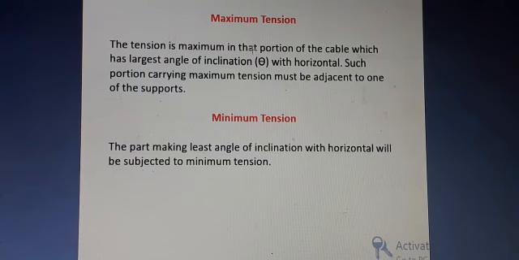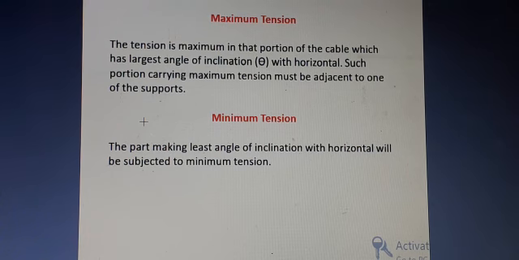Then maximum tension and minimum tension. You have to calculate the maximum tension in a portion of the cable or the minimum tension in a portion of the cable. Tension is maximum in that portion of the cable which has the largest angle of inclination with horizontal.